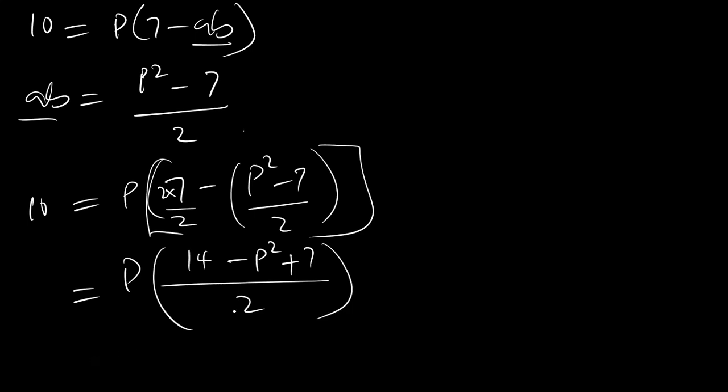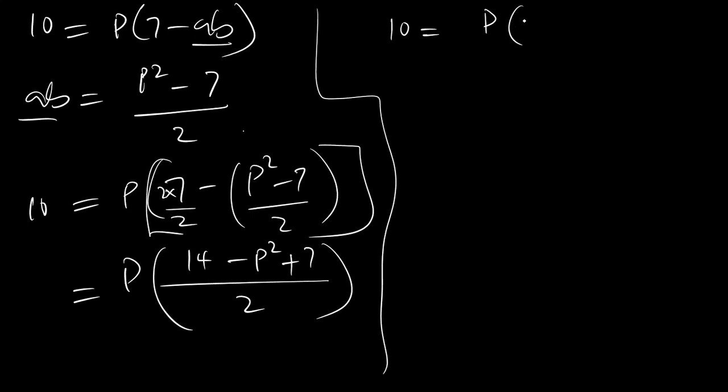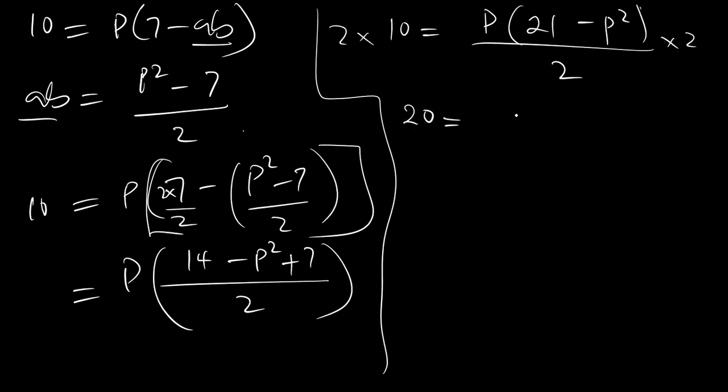So now that means we have 10 is equal to p into 14 plus 7 is 21, minus p squared, all divided by 2. If you multiply both sides by 2, you have 20 is equal to p into 21 minus p squared.